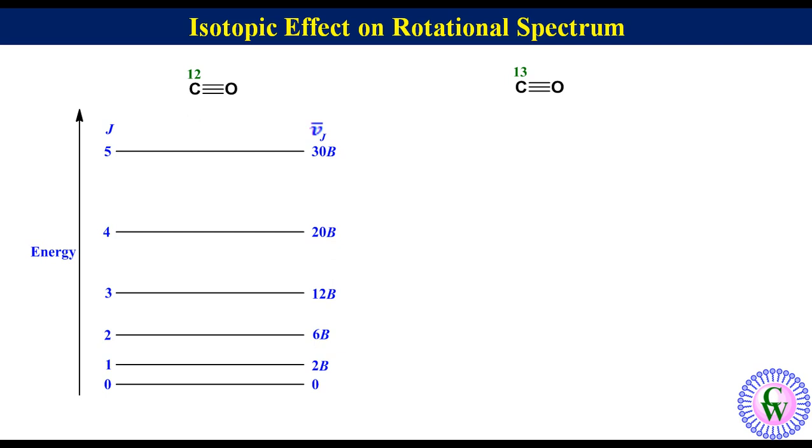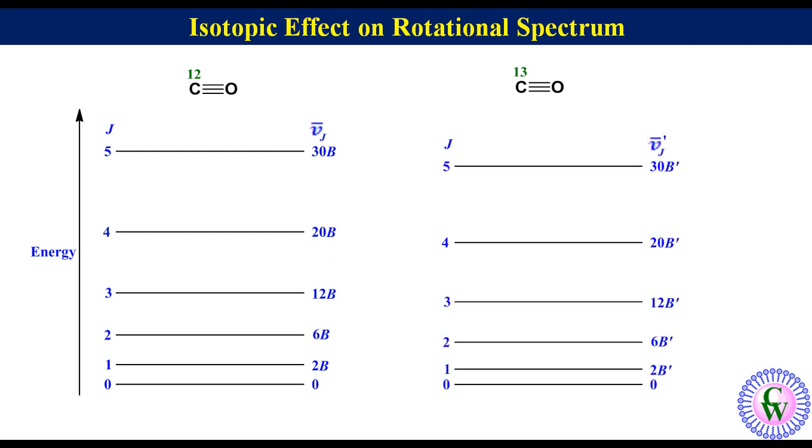So the rotational energy levels of carbon monoxide with carbon 13 will be like this, where we can see that the energy and the energy gap between energy levels are decreased in carbon monoxide with carbon 13 compared with the carbon monoxide with carbon 12.